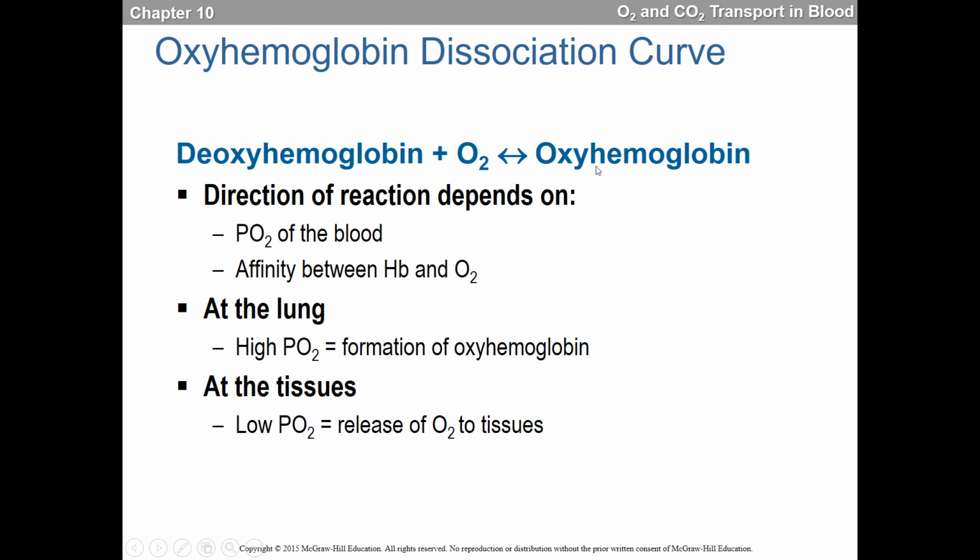How this works, deoxyhemoglobin and oxyhemoglobin. So oxyhemoglobin, whenever it dissociates, becomes deoxyhemoglobin, and that oxygen essentially is diffused into a cell where it binds to myoglobin, and then it'll be transported to the mitochondria, more or less. So the direction of the reaction depends on the partial pressure of oxygen.